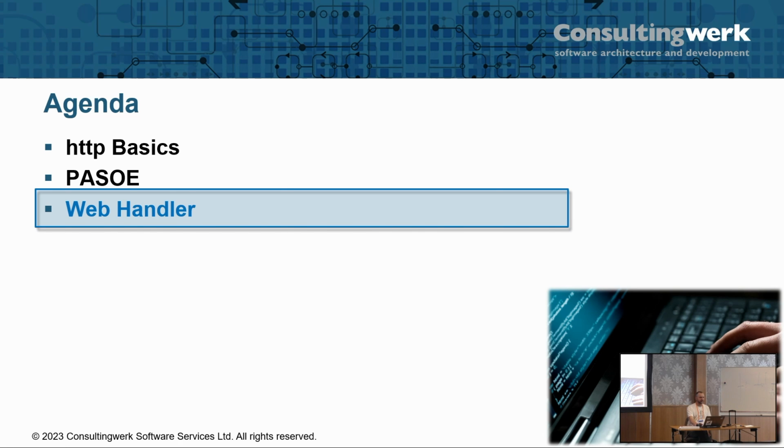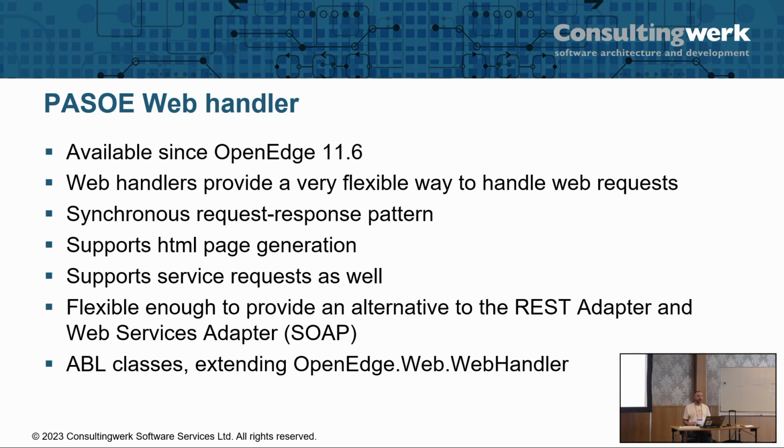So, web handlers. They are available since 11.6, and they provide a flexible way to handle requests. There is a synchronous request response pattern. So request, handle that in the code and formulate a response.